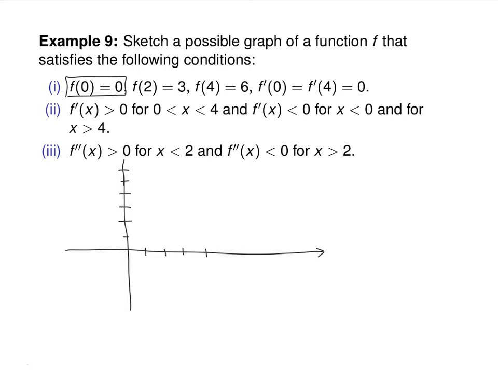What do you pass through? The origin. How about f of 2 equals 3? Over 2, up 3. F of 4 equals 6 means over 4, up 6.